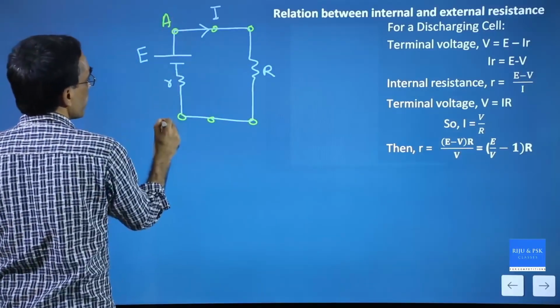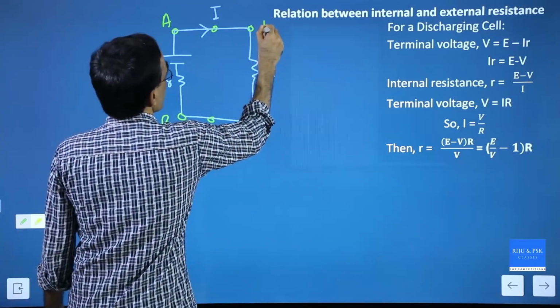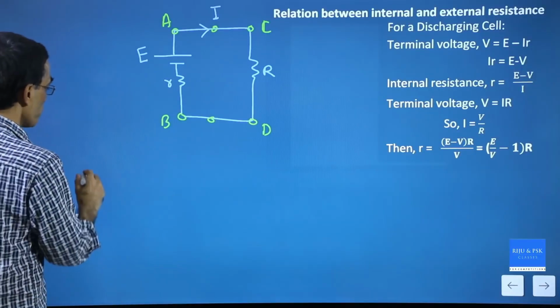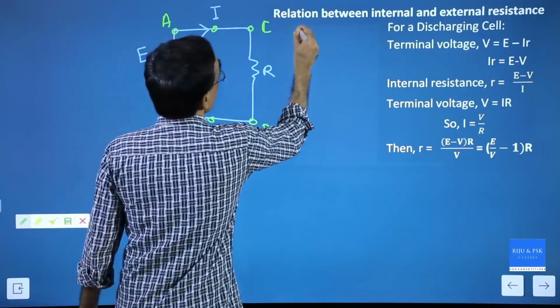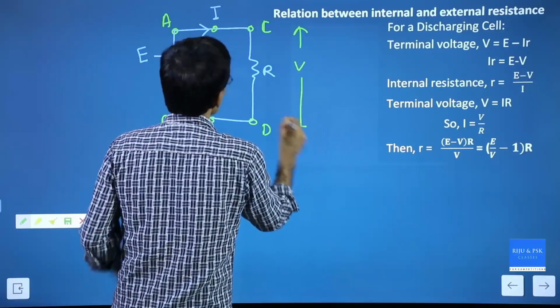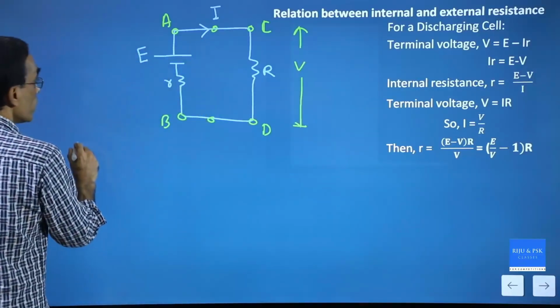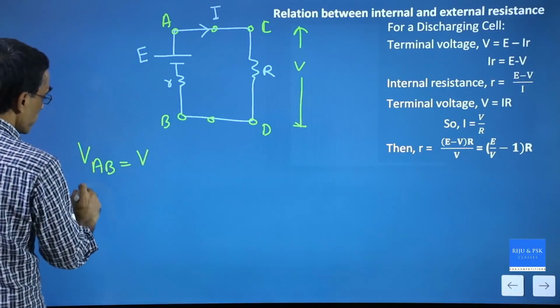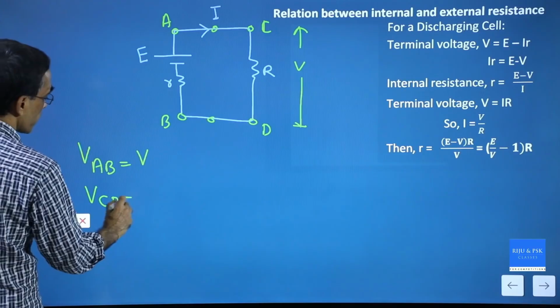Between A and B I get a voltage, and between C and D I also get the same voltage. So that's what we normally mark, and it means any of these points. The voltage between A and B is the terminal voltage, and the voltage between C and D is also the terminal voltage.